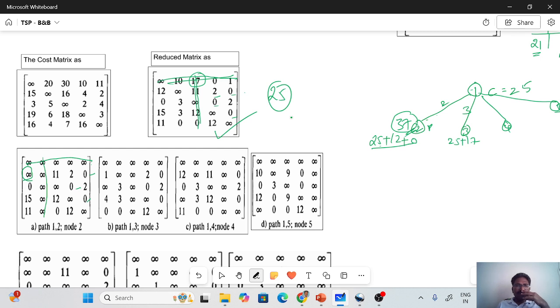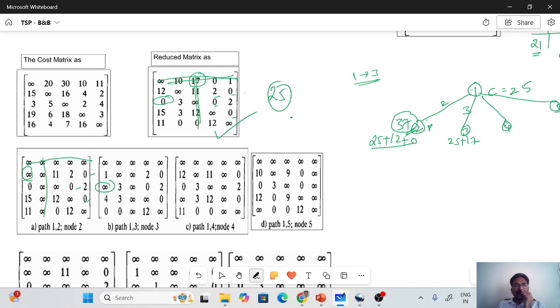What about the column? So 1 to 3, which means 3 to 1 is also not possible. So 1 to 3 we set as infinite, and 3 to 1 we also set as infinite. So when 1 to 3 is infinite and 3 to 1 is infinite, row 1 is infinite and column 3 is infinite.